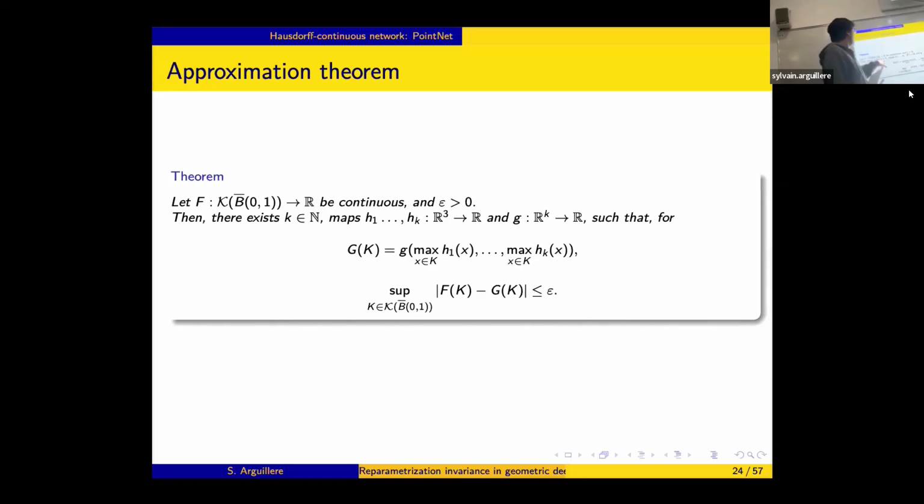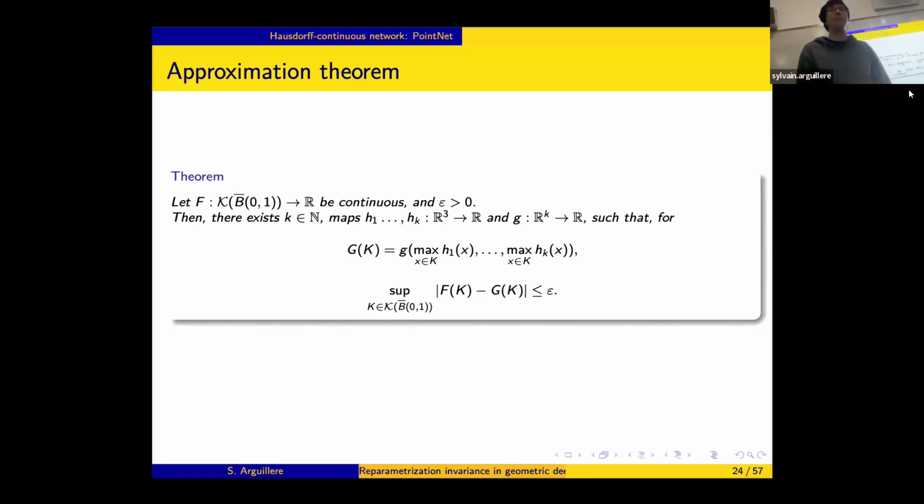For K big enough, you can find K maps H_i from R3 into R, and a map G from Rk into R, such that the map which is the composition of G with the maximums of the H_i is epsilon close to your target function.